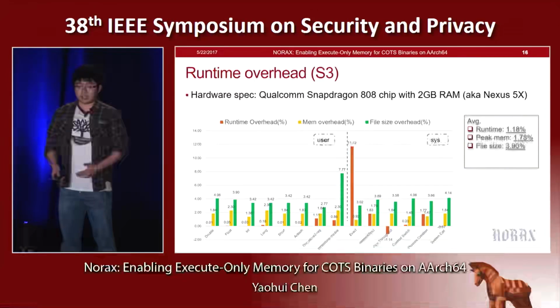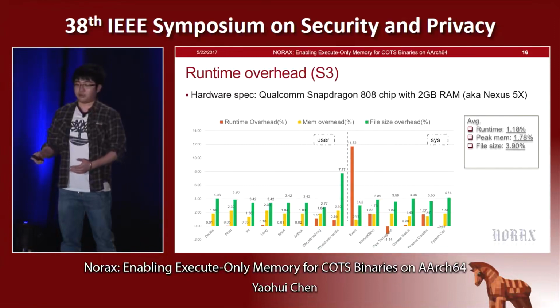And notice that there's one benchmark, which is execl, that has much higher runtime overhead because this benchmark is actually doing a stress test on the exec syscall. It just keeps calling exec on itself, and this will trigger our bookkeeping data setup and keep triggering this locking unlocking mechanism. That's the reason why this exhibits higher overhead.